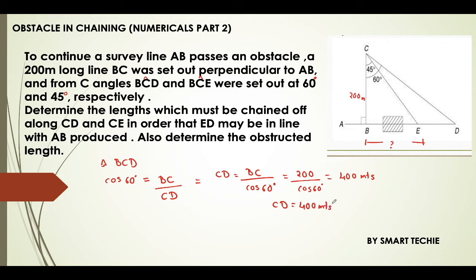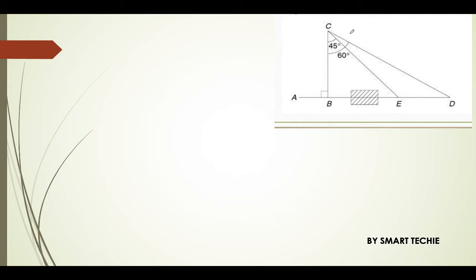In a similar manner, we'll consider the next triangle, triangle BCE, because we need to find the length of CE also. The angle BCE is 45 degrees. So cos 45 degrees is equal to BC, the adjacent side, upon hypotenuse, that is CE.